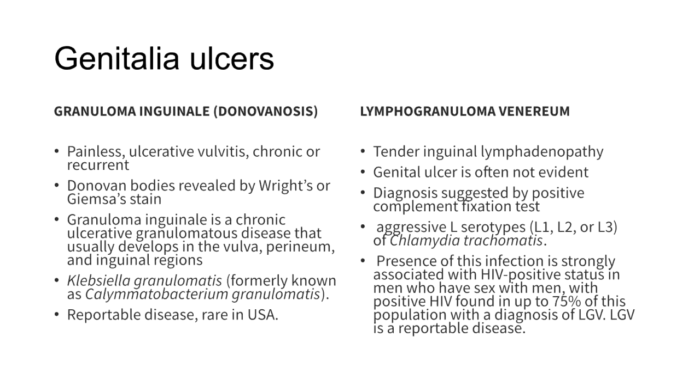Okay, then let's talk a little bit about another type of genital ulcer, but less common: granuloma inguinale, less common in the USA. It's called donovanosis. It is painful also. It causes ulcerative vulvitis, and it's chronic and recurrent.